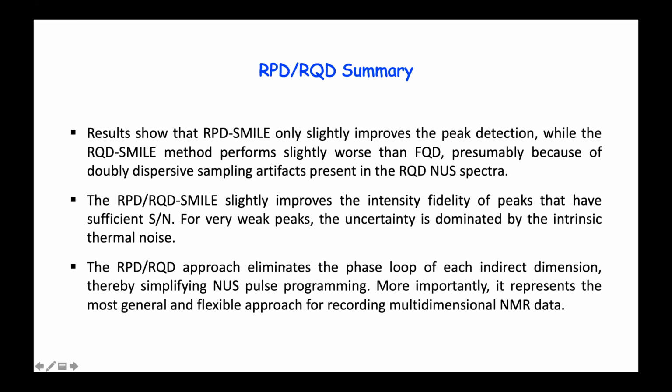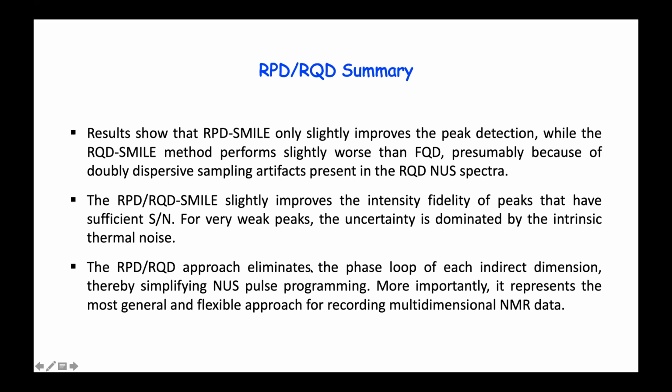The thing that I like about RPD, RQD is that it makes the pulse program simple. I didn't say, but you might not know that most of our spectrometers are still running TopSpin 2.1, which, as you know, doesn't do non-uniform sampling.